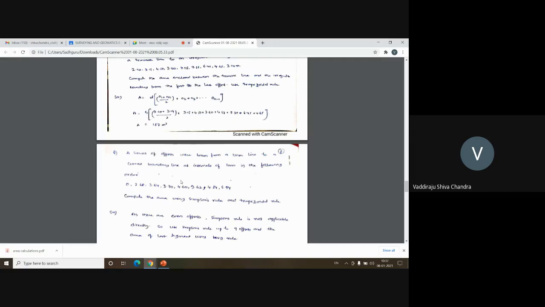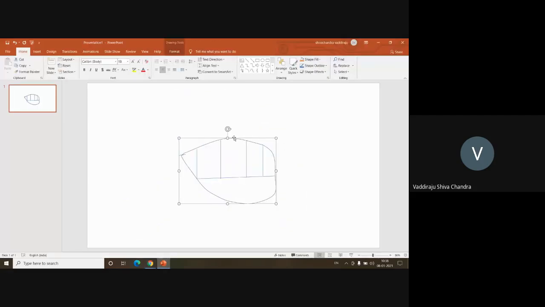Write down the values: 0, 2.68, 3.64, 3.70, 4.60, 3.62, 4.84, and 5.74.